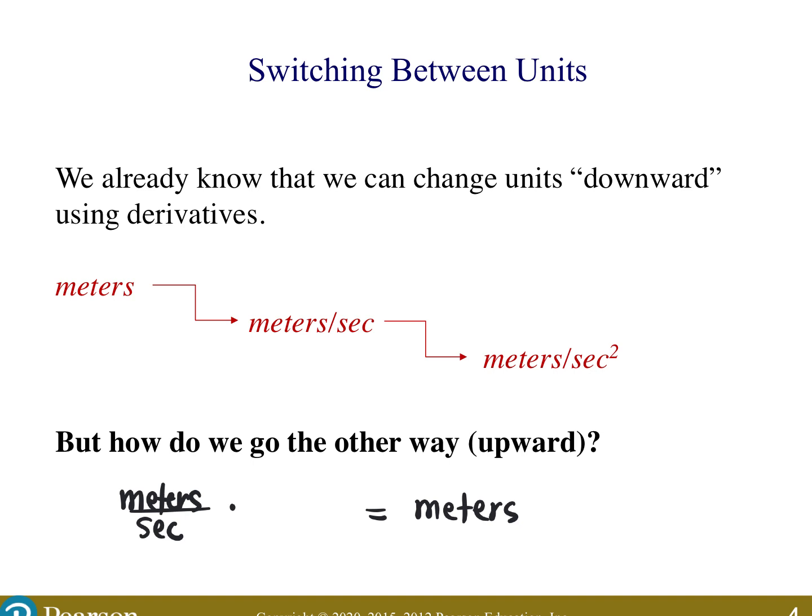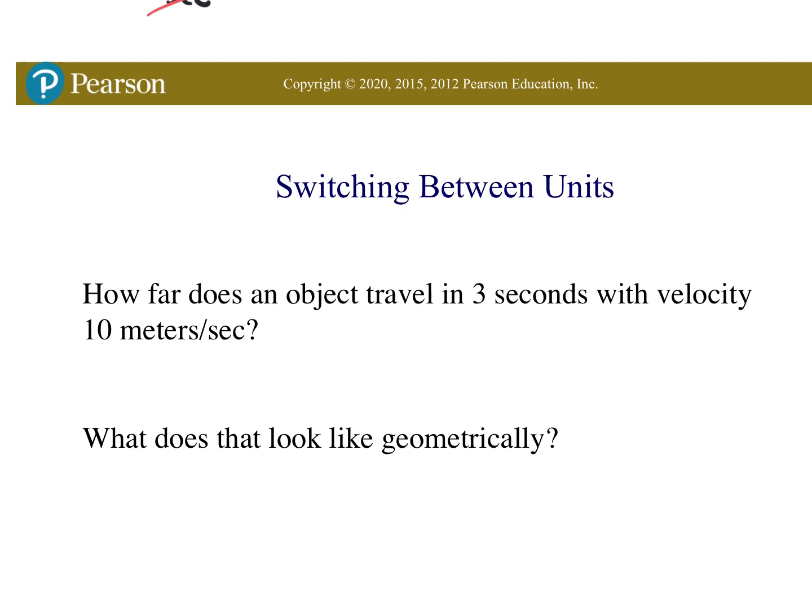You want units to reduce, and the only way to do that is through multiplication. And when you multiply a rate of meters per second times the seconds itself, those units reduce and you're left with a unit of meters. So that's how you're going to work between units, using multiplication. And we'll talk about why that works.